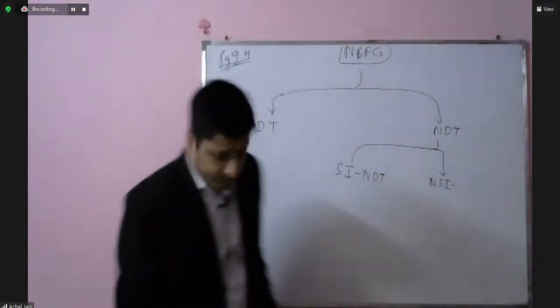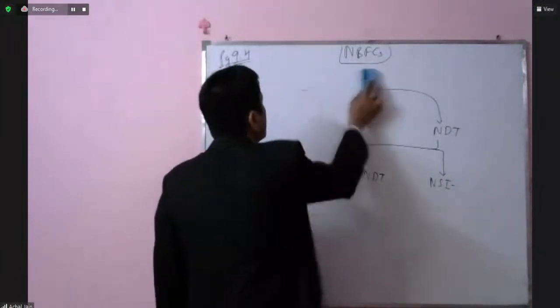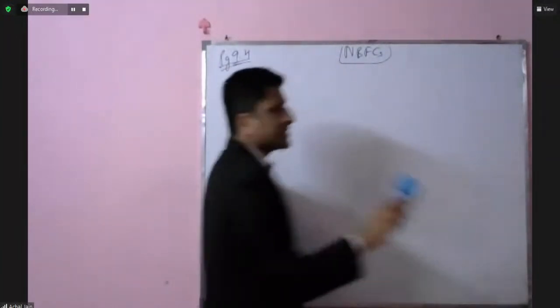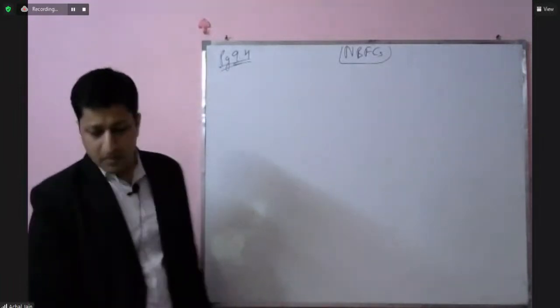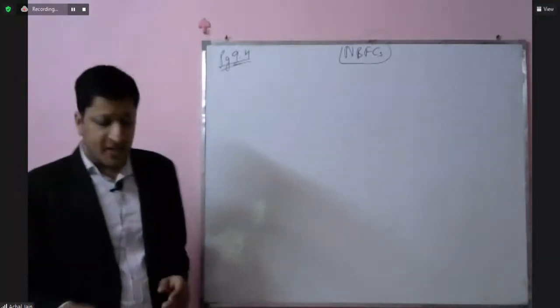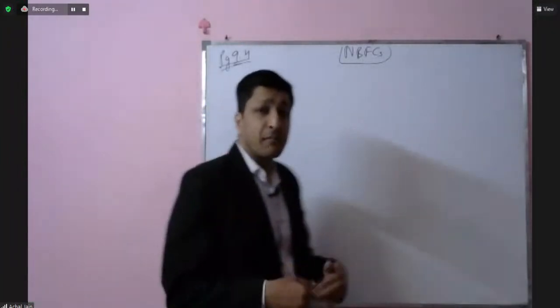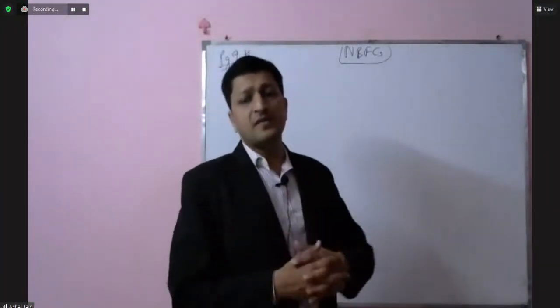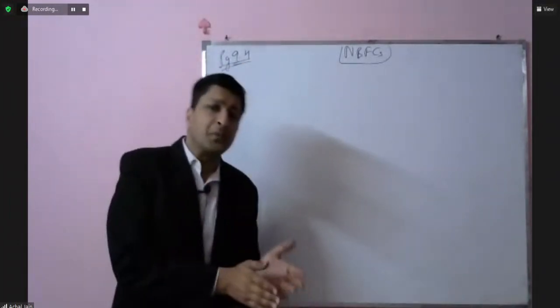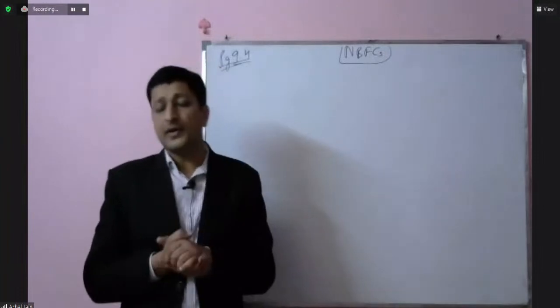So I'll just take you to the part in the chapter itself instead of writing it. Otherwise, it may become a sort of confusion for you. For the time being, we can just say that depending on the size of the NBFC, they can be categorized into systemically important and non-systemically important.